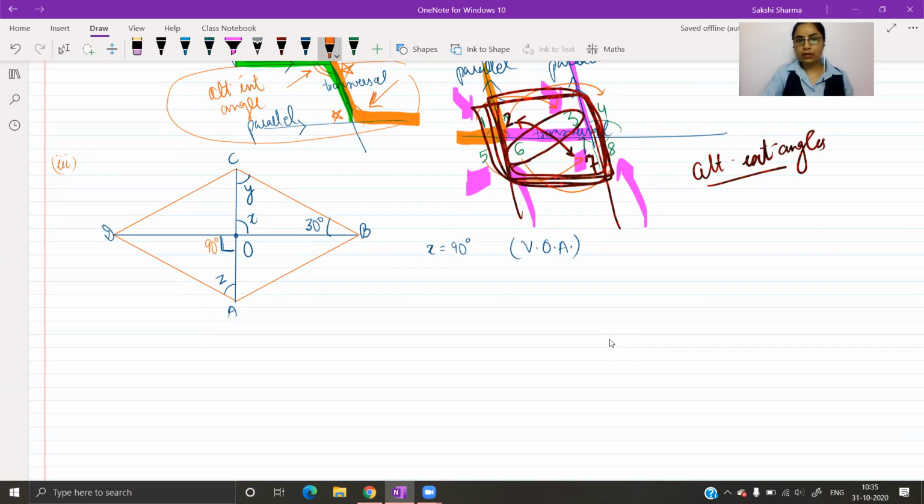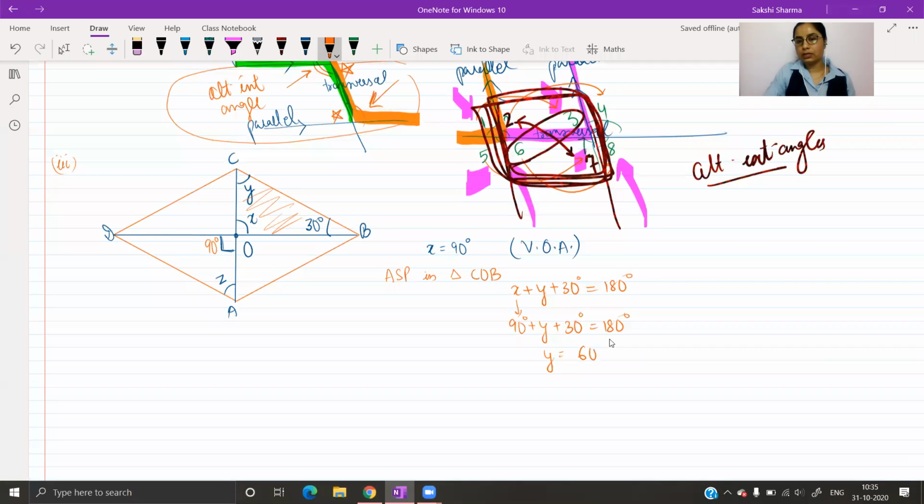Now for y, we are going to apply angle sum property in triangle COB. This small triangle here, I'm going to apply angle sum property in this one. 3 angles, their sum will be 180 degrees. Out of these, x and y, I have the measure for x: 90 plus y plus 30 equals 180 degrees.